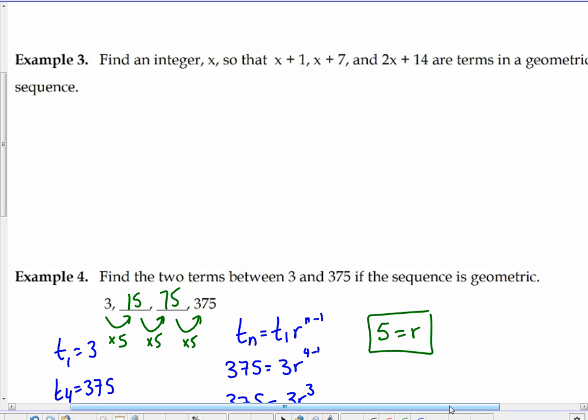It was the difference: the second minus the first is equal to the third minus the second. Perfect. So what we did is we used a common difference. We did second term minus first equals third minus second. So we're going to use the same sort of strategy, but here it's geometric, so we're going to relate their common ratios.